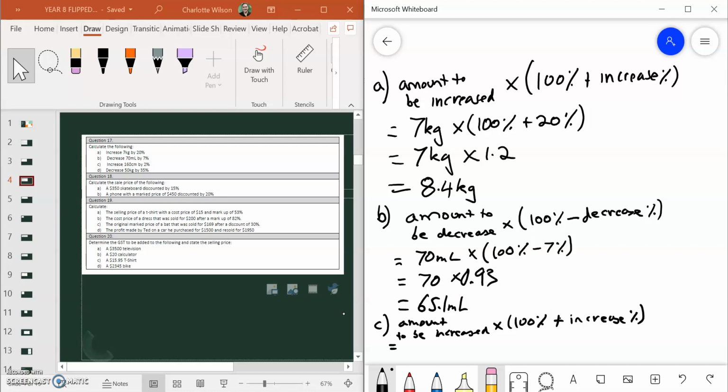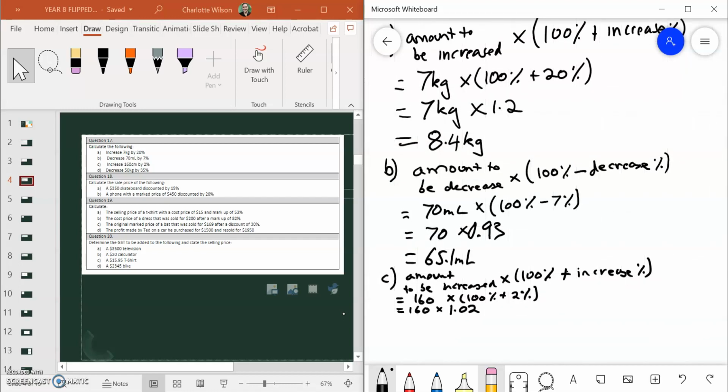So we would get 160 times 100% plus 2%, which would be 160 times 1.02, which will give us an answer of... Sorry, it's not dollars, it's centimetres, 163.2 centimetres. So that's increasing and decreasing.